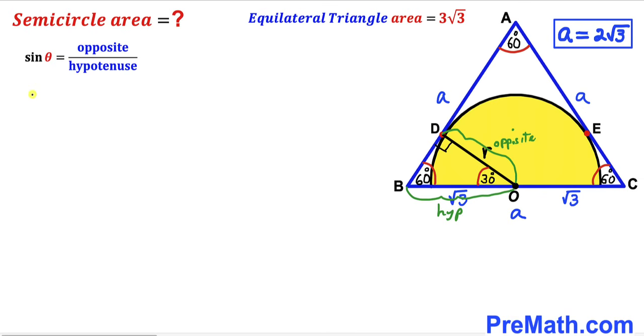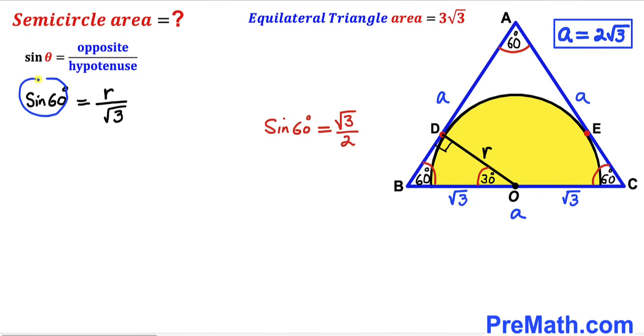So therefore, for sine of our angle 60 degrees, our opposite side is radius lowercase r divided by our hypotenuse is square root of 3. And now we know that sine of 60 degrees is square root of 3 divided by 2. So therefore I'm going to replace that one with its value square root of 3 divided by 2. So therefore this could be written as square root of 3 divided by 2 is going to be equal to lowercase r divided by square root of 3.